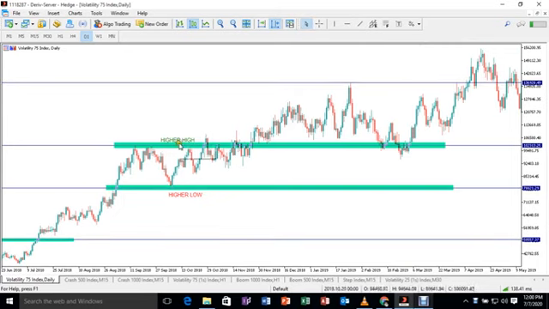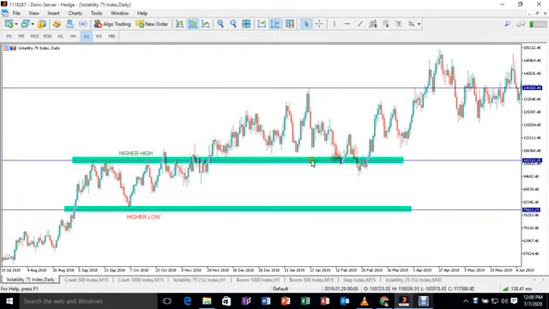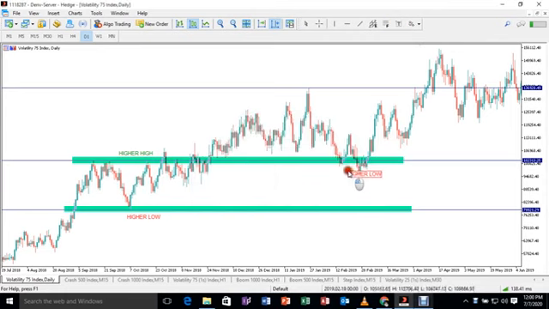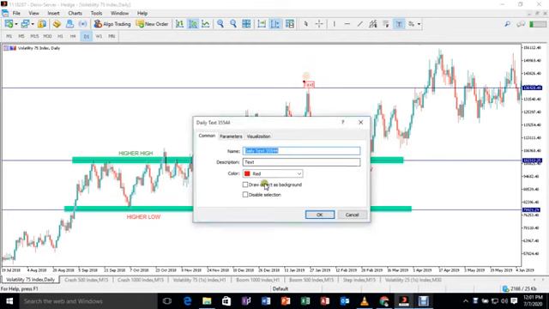That means our higher high turns to higher low here, turns to a new support. So resistance turns support here, higher low, resistance turns support. We can see fake breakout here. You can see. And this is our new resistance.